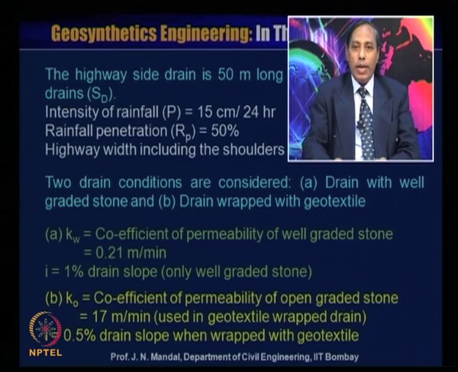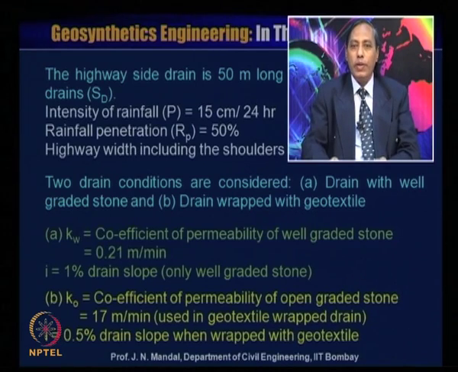In case of A, Kw is coefficient of permeability of well graded stone, that is 0.21 meter per minute, and I is 1%, that means drain slope, only well graded stone.